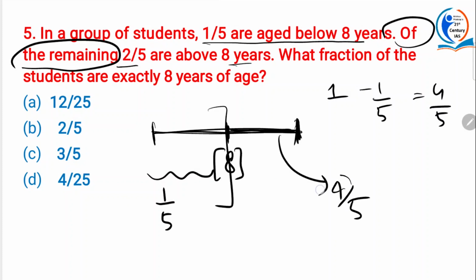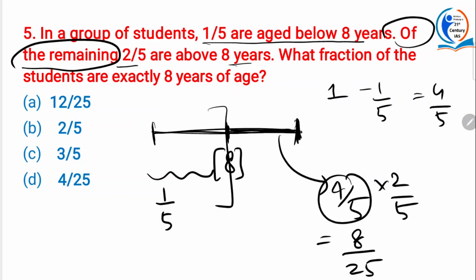Okay, of this 4 by 5, 2 by 5 are above 8 years. Did you get my point? So, remaining is 4 by 5. Out of this 4 by 5, 2 by 5 are above 8 years, which means it is 8 by 25. Okay, and the remaining fellows are 8 years.